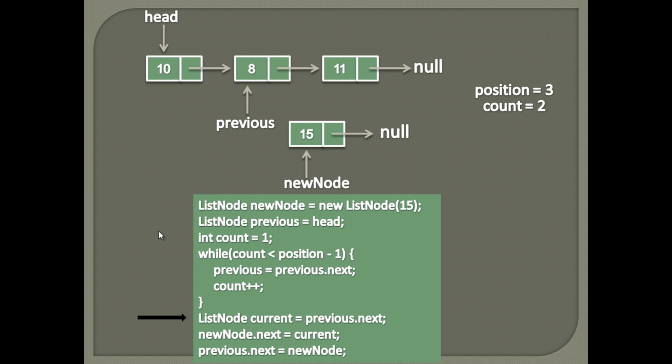Moving ahead. We will create a temporary variable by name, current. This variable will hold next node to previous. Our main objective is to add new node between previous and current node.